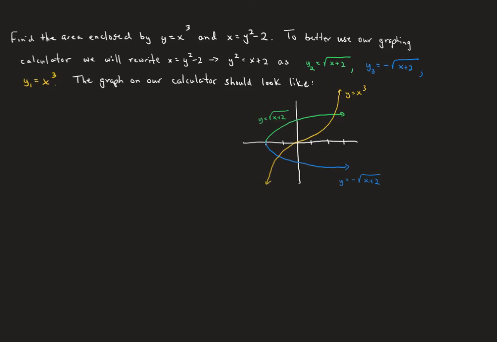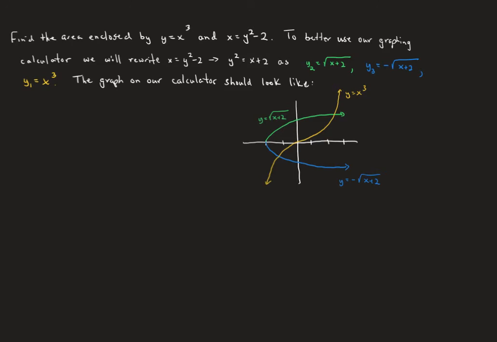So we're going to try to use our graphing calculator to do parts of this. To do that, we need to rewrite the x equals y squared minus 2 as y equals the green part, square root of x plus 2, which is the top half of that sideways parabola, and the blue part, y equals negative square root of x plus 2, is the bottom half of that sideways parabola.